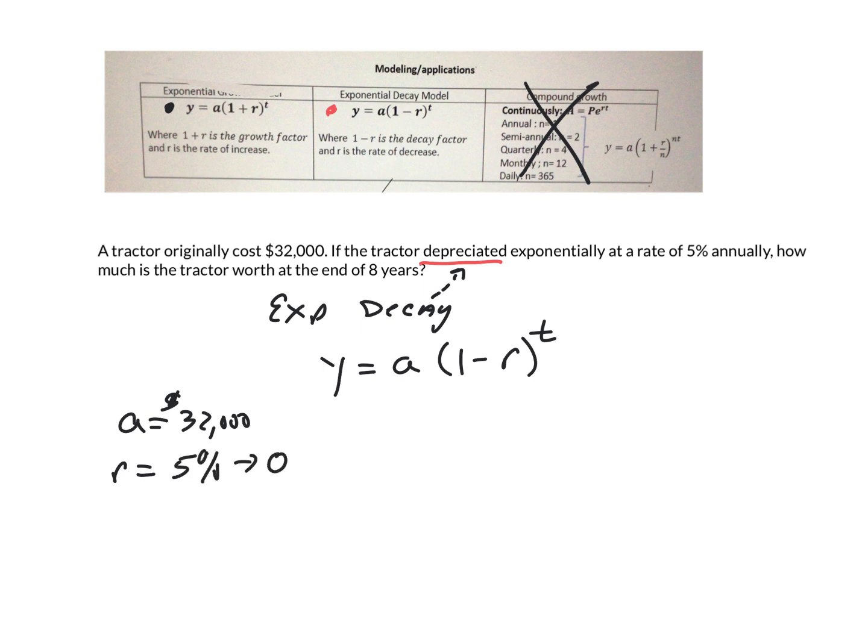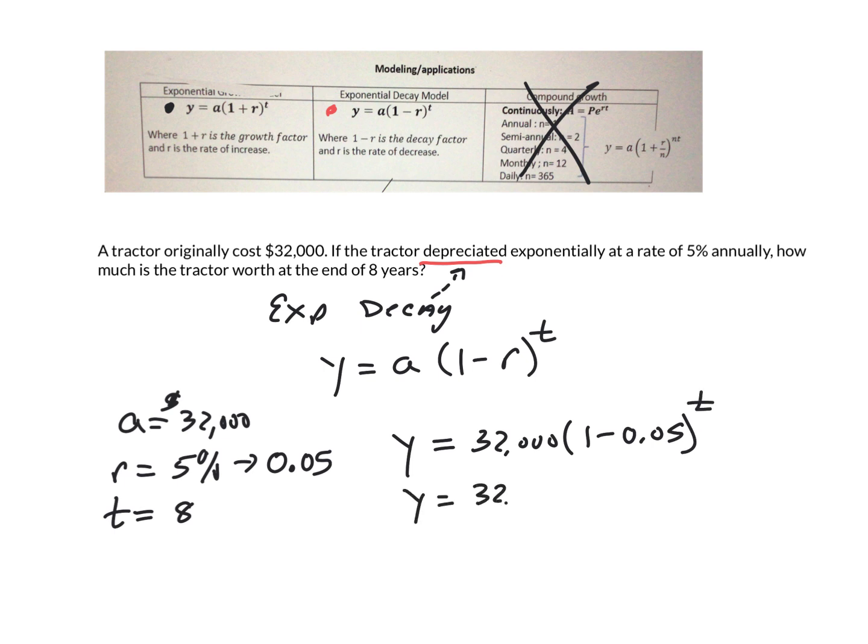So we got to convert that to 0.05. And we want to see how much it's going to be worth in 8 years. So our model would be y equals 32,000 times (1 minus 0.05) to the t.